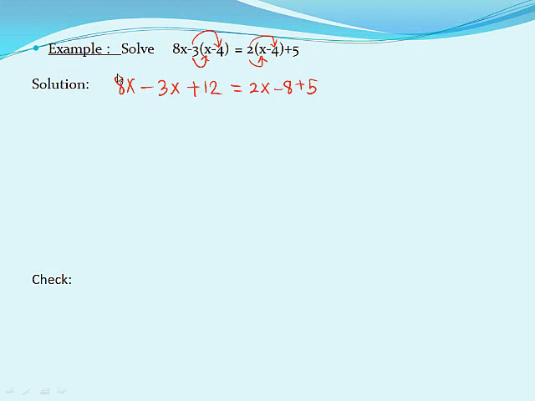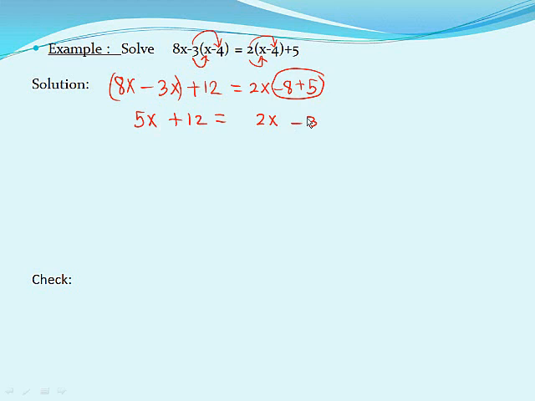Now combining the like terms, we get 8x minus 3x, which is 5x, plus 12, equal to negative 8 plus 5, we can combine it as negative 3. So this side will be 2x minus 3.